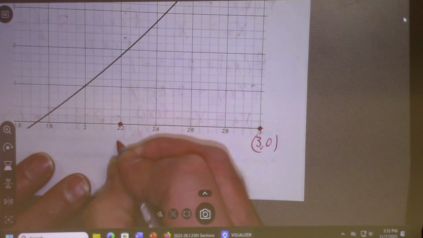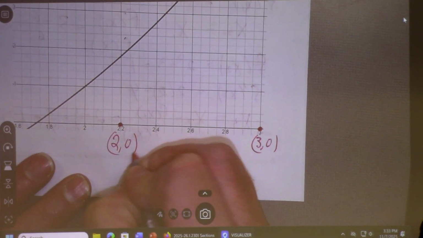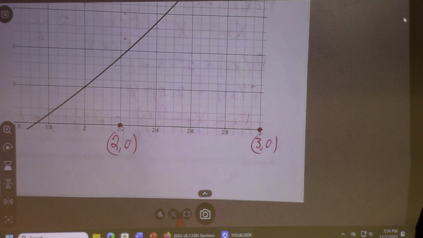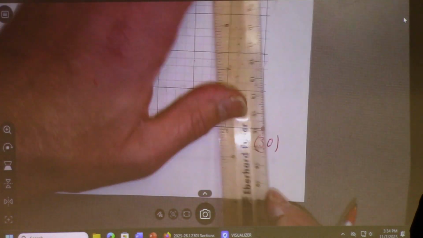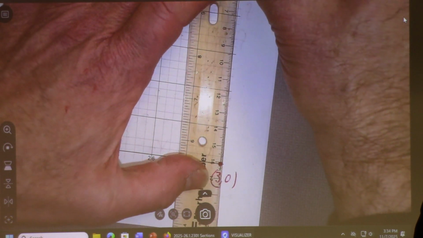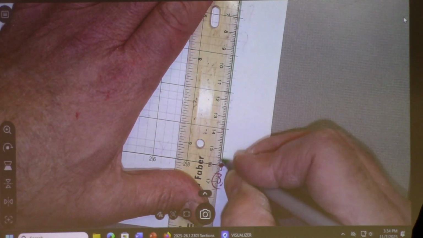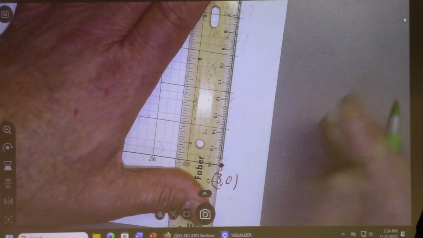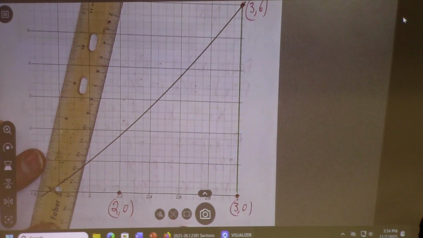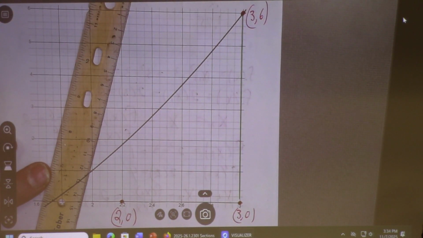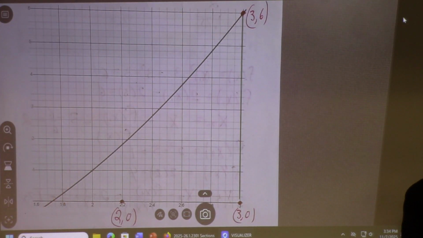And so we're supposed to plot 2, 0. And we're supposed to draw this segment. I'm going to draw this segment in green. The fact that that green segment is not of 0 height, that's because the number 3 is not a root. If the number 3 was a root, there'd be an x-intercept there.